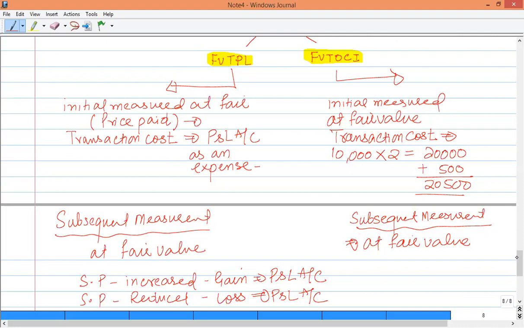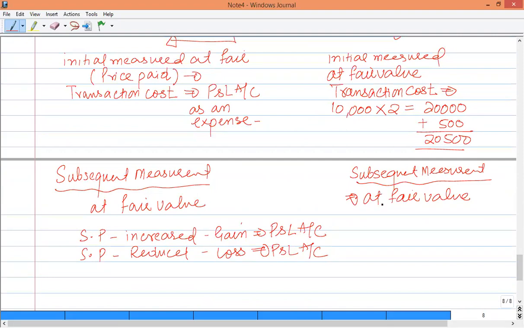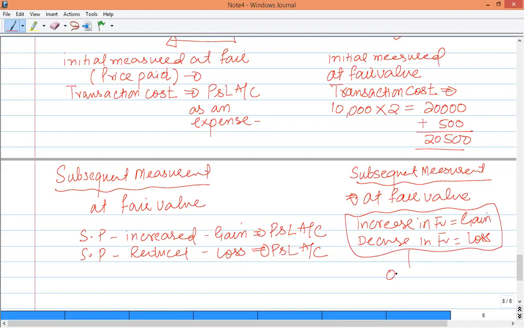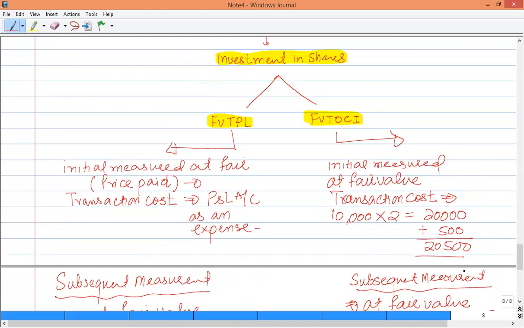But as far as the change is concerned, an increase in fair value is a gain, considered an unrealized gain, and a decrease in fair value is considered a loss. This gain or loss is reported in other comprehensive income rather than in the profit and loss account. So the category defines where to recognize gain or loss.